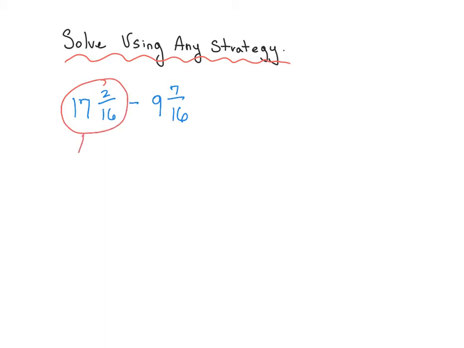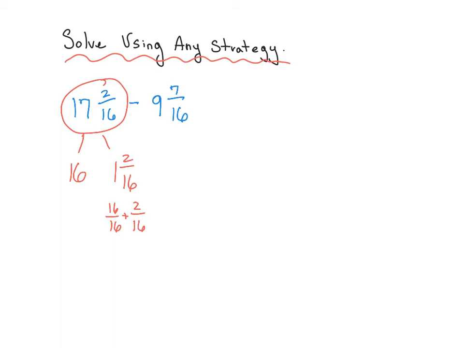I'm going to pull 1 whole out of there, which means that I'm left with 16 and 2/16. Again, we can't subtract 7/16 from that, can we? No.